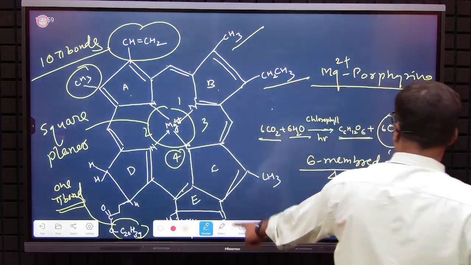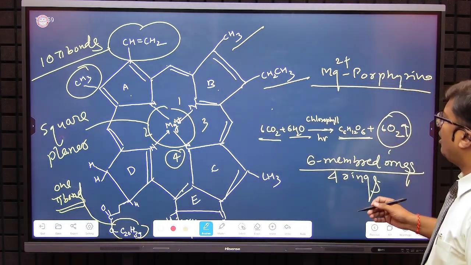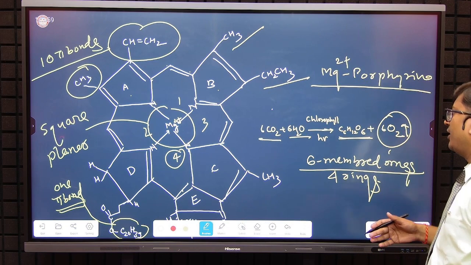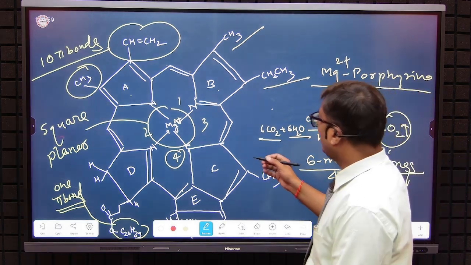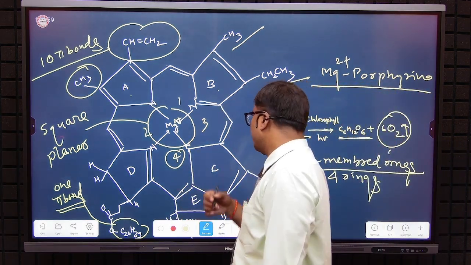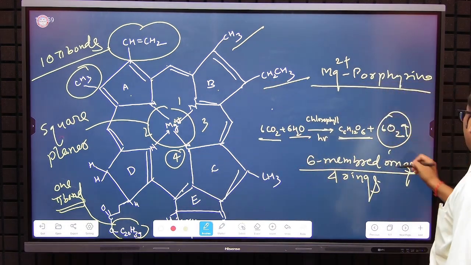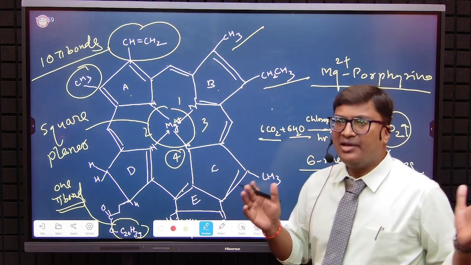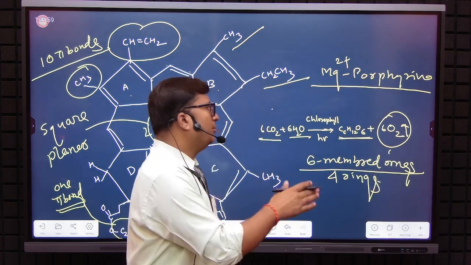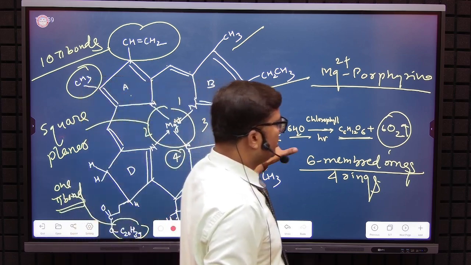So such chlorophyll or magnesium porphyrin complex is highly important for green plants and for photosynthesis. This photosynthesis reaction provides oxygen for human lives, right? So this is the beauty of this particular metal complex and the photosynthesis reaction.